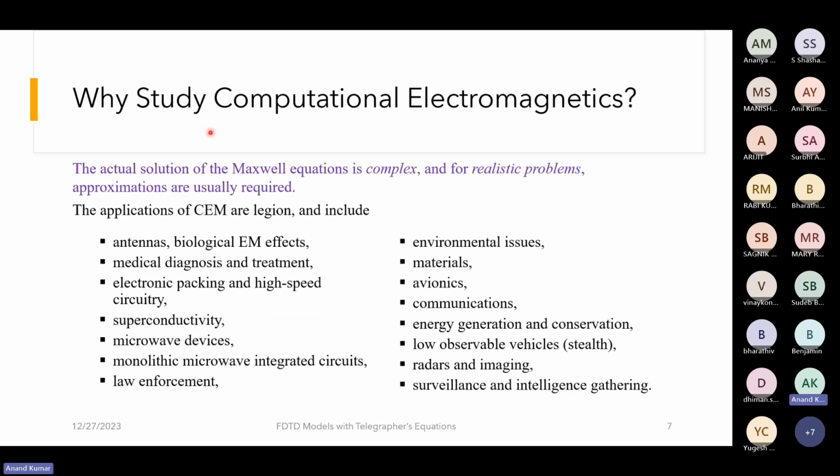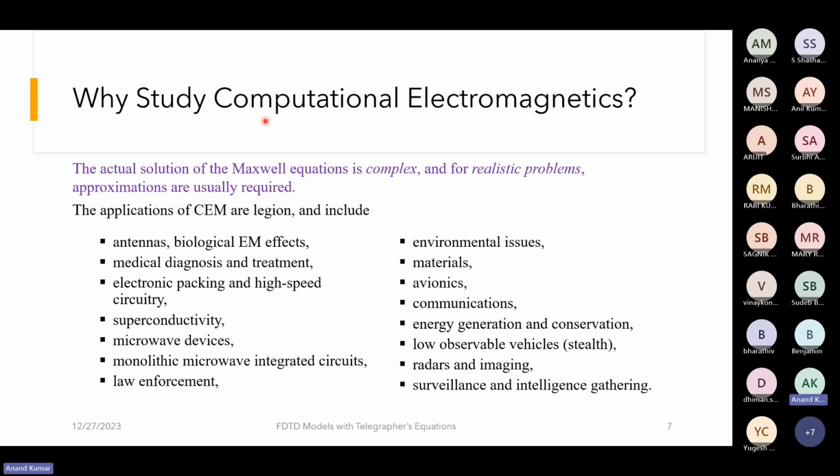Now, why study computational electromagnetics? That's a big question. Maxwell's equations are complex. They're just four equations, but they are complex. For textbook problems, they are very simplified. We assume a lot of things and then we solve the questions. But for realistic problems, your structure could be very complex, and solving them on pen and paper will not be easy.